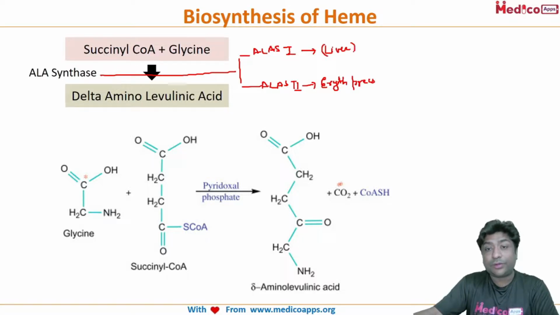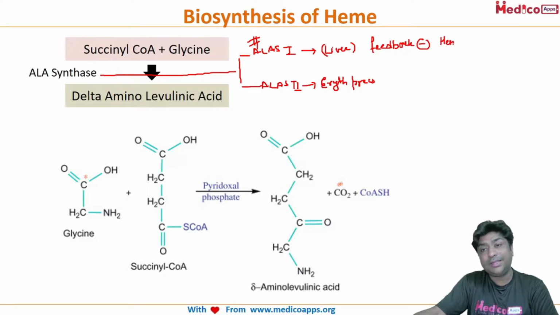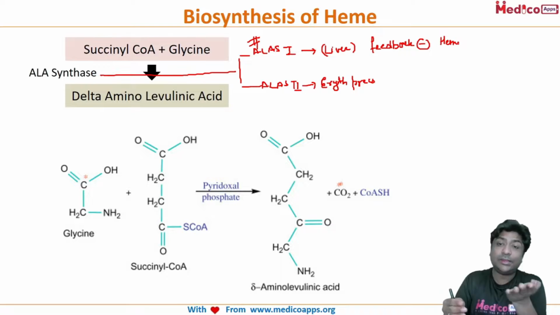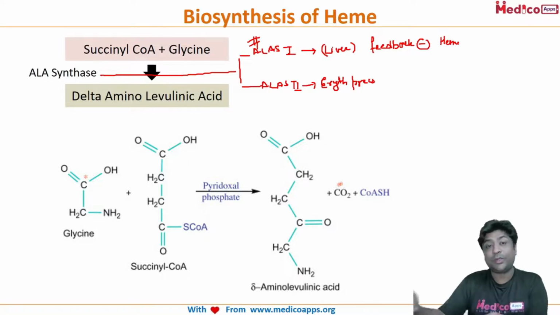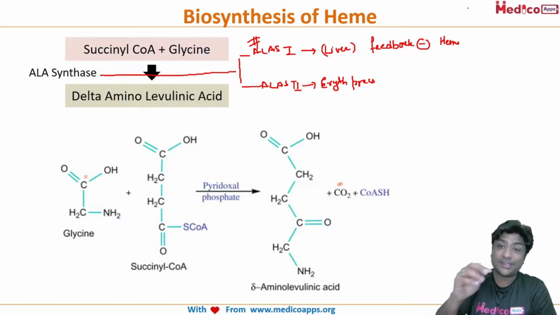Now, let's understand ALA synthase 1. ALA synthase 1 is under feedback inhibition by heme, which means as the amount of heme increases, ALA synthase 1 will be inhibited, and as the production of heme goes down, the activity of ALA synthase will increase. This is very important. I will talk about the clinical significance again in a while, but remember, ALA synthase is under the inhibitory effect of heme.